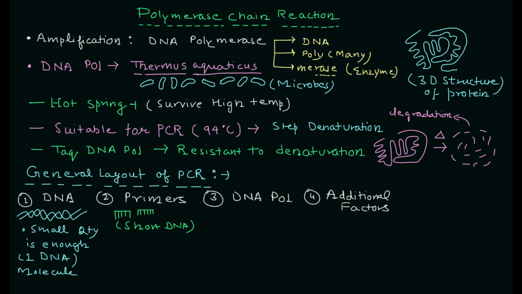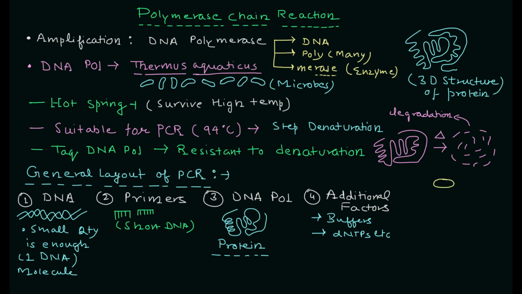Primers are short DNA molecules, and they have the tendency to bind to complementary sequences. Without that, DNA polymerase cannot function because it requires these small oligonucleotides. Next is additional factors. You need buffers for the proper functioning of the DNA polymerase. You need dNTPs so that DNA polymerase can add dNTPs and the DNA can be constructed.